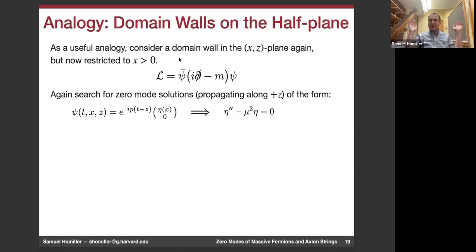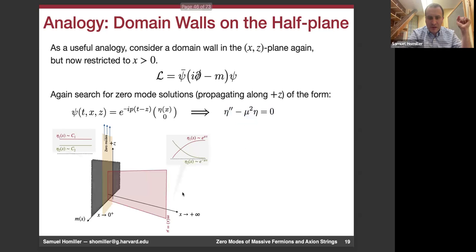So assume there's some giant obstruction that keeps me from ever going to negative values of x. Then I can just study the ordinary Dirac equation for this. Again I can search for zero mode solutions propagating along the z direction. They have the same form that I wrote down before, and sorry, this mu here should be an m. Now their differential equation is particularly simple.